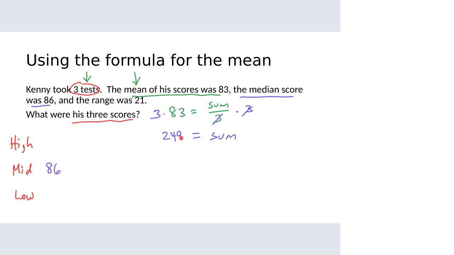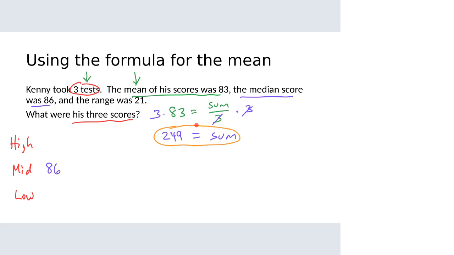All right. So here we go. Now I'm at a place where I know the sum of his exam scores, and I know the range is 21. At this point, you could kind of do some trial and error, but I don't think I want to go there just yet. I know if I add up all 3 scores, I get 249.